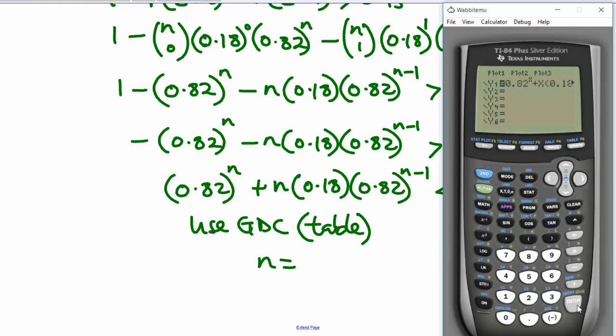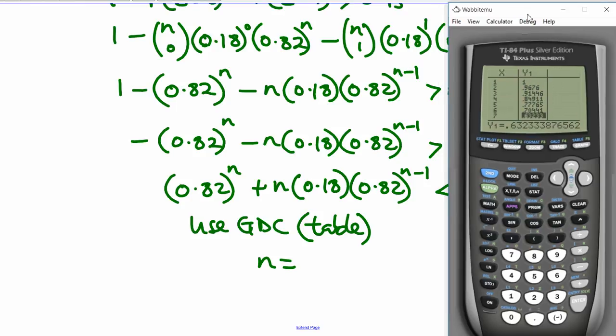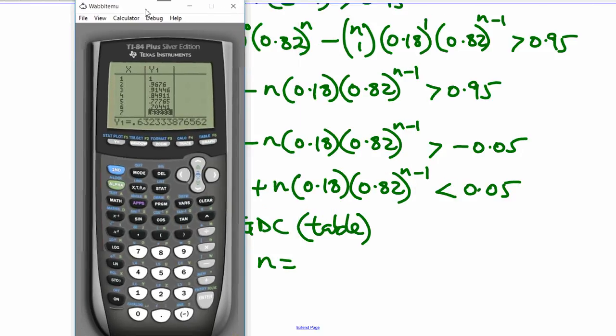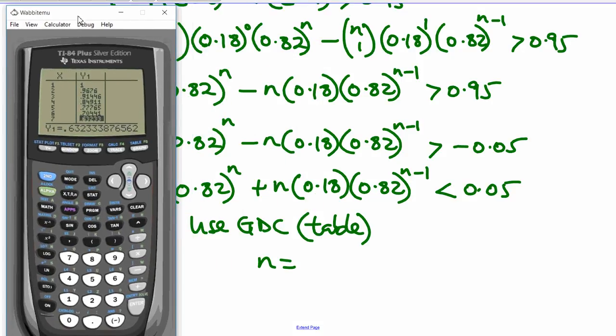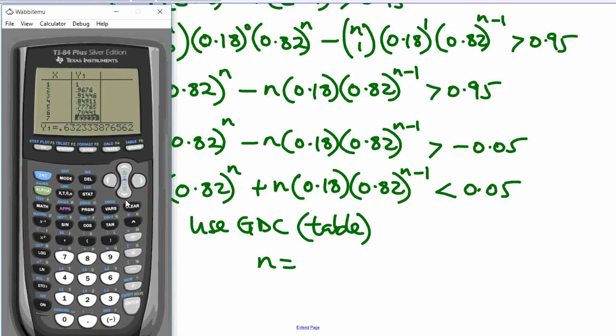Great. All right. So if you go to second table to inspect the graph, you are looking for a value of n that will be less than 0.05.